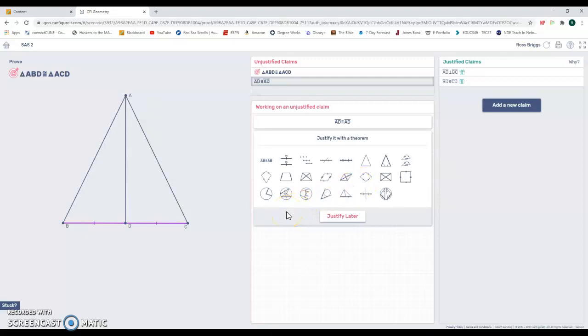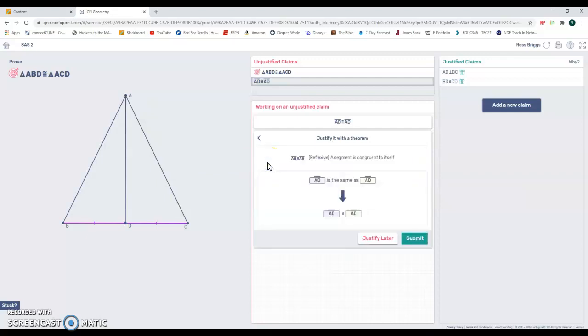But just looking at the visuals for the theorems here, I'm going to take an educated guess and say that this is what we probably want to use, and it is. It's the reflexive property, that a segment is congruent to itself. So segment AD is the same as segment AD, and this arrow means implies.